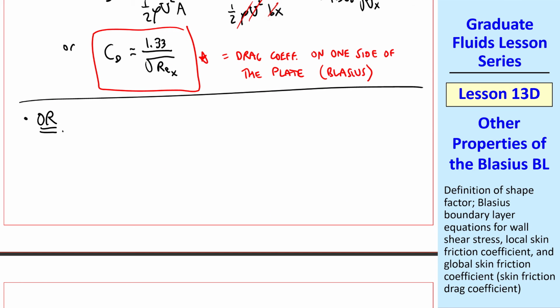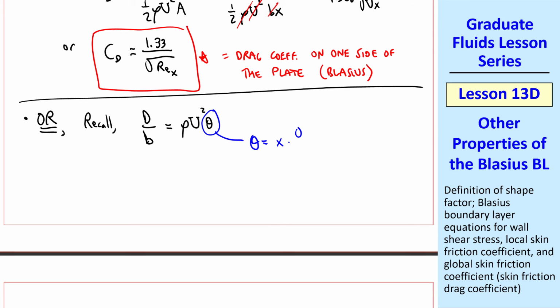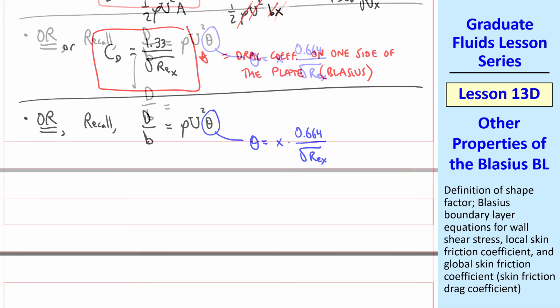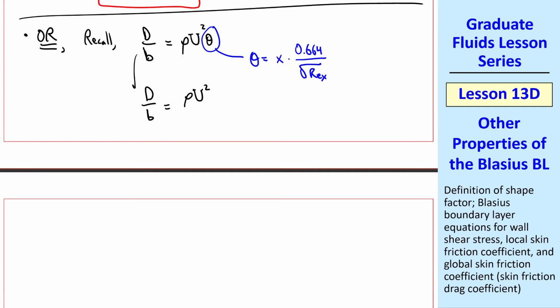Let's calculate drag a different way. Recall from some previous lessons when we did the control volume analysis that drag per unit width into the page was rho u squared theta, where theta is the momentum thickness. From the previous lesson, theta is x times 0.664 over the square root of Rex. Thus D over b is rho u squared times 0.664 times x square root of nu over ux.